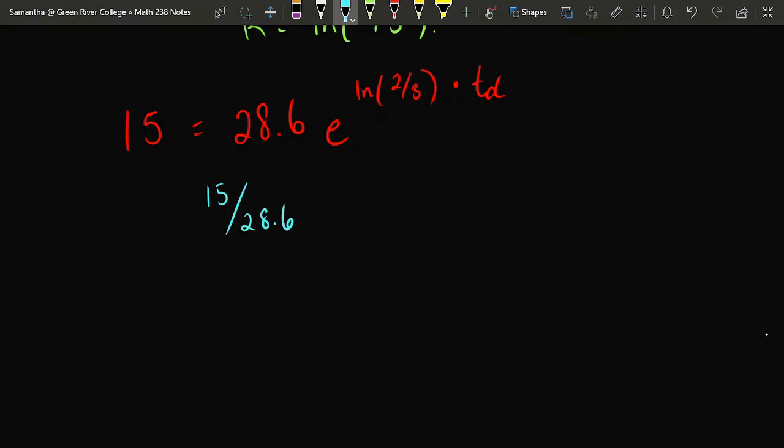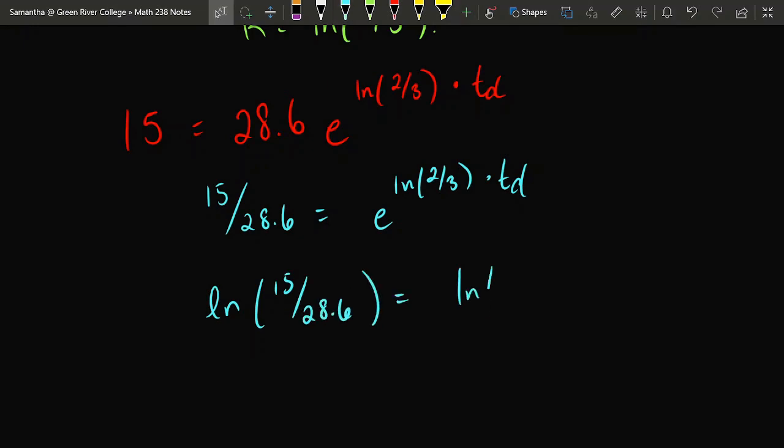Get 28.6 out of the way. Take the natural log of both sides. And then divide.